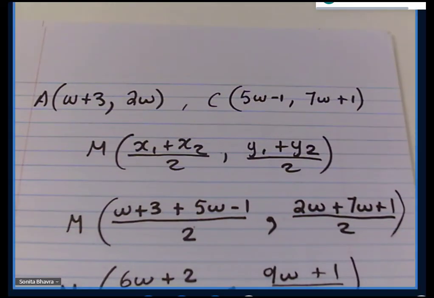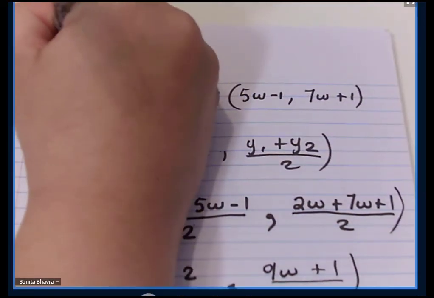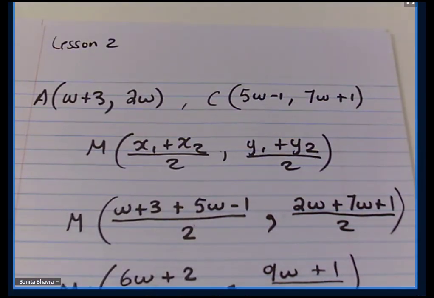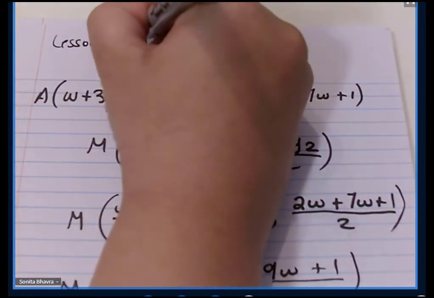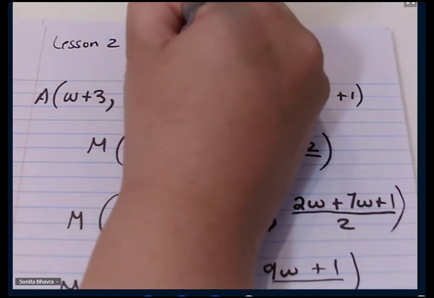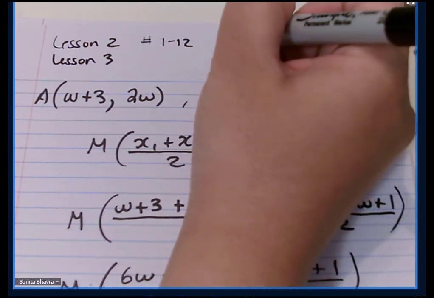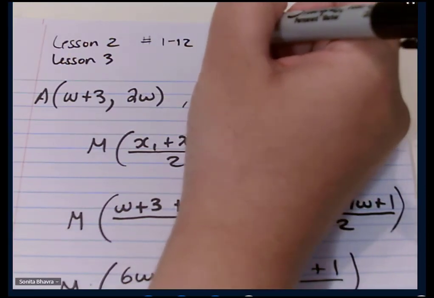For homework, lesson 2, under linear relations, lesson 2 goes over the distance formula, numbers 1 to 12, and then lesson 3 is the midpoint formula, 1 to 15.